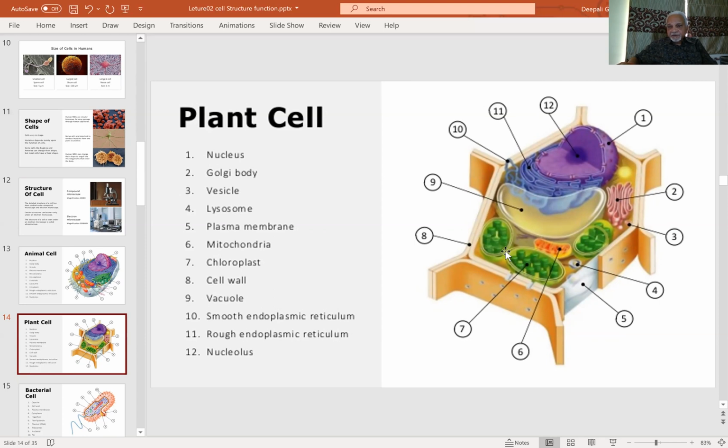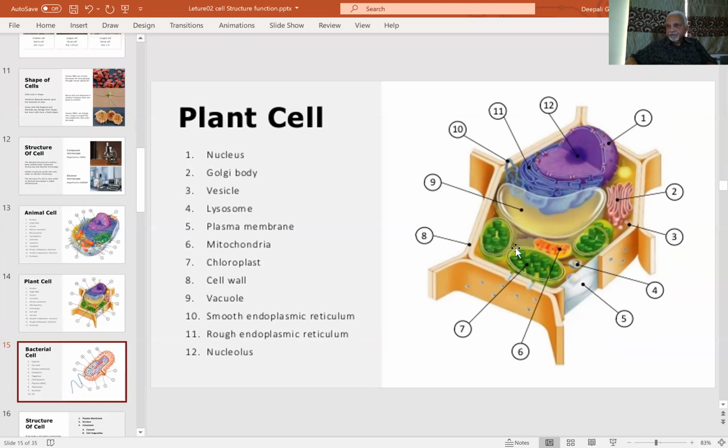Now, the chloroplast is missing from animal cell. And also they have large size vacuoles in plant cells. So this is the typical plant cell structure, or that's how plant cell organizes itself.